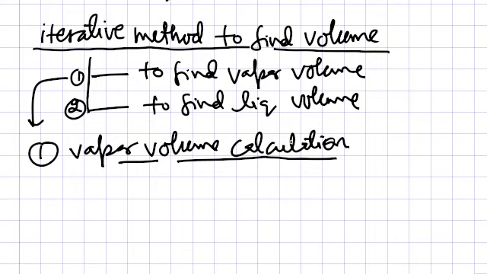So only one volume root you will get in this method, because you are making this method yourself to find a particular volume. So there is no question of finding 3 roots here. Anyway, we are coming to this vapor volume. Here I am writing this equation.